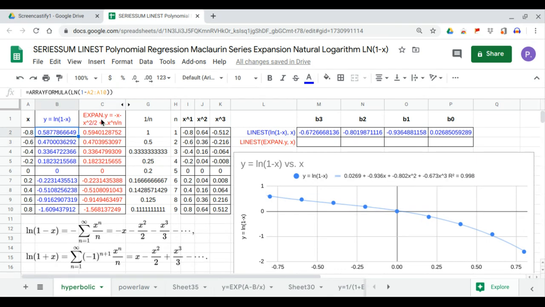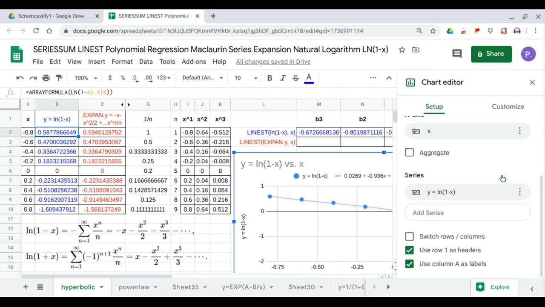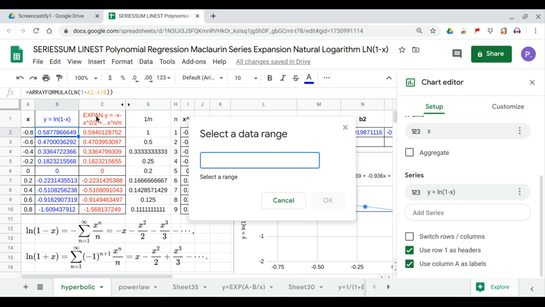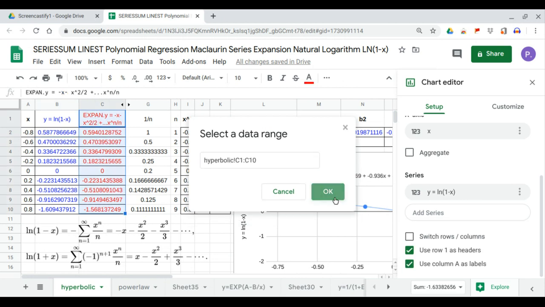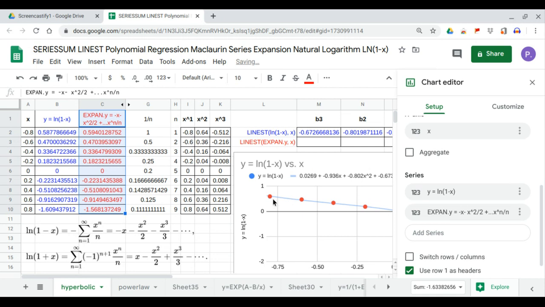Let's show this in the chart. So we edit this chart, add this data set, this series. You will notice they fall along the trend line.